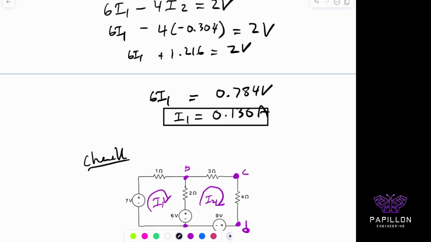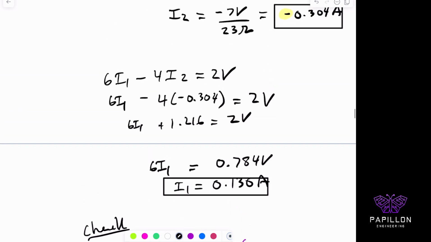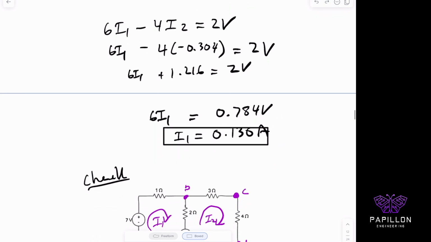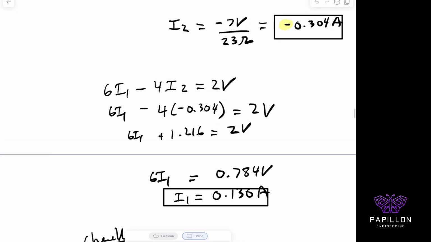Now for a check, we'll substitute back in our values of I1 and I2. I went ahead and did that for you to save a little bit of time. So to substitute those values of I1, let's copy this and put it a little bit closer so you can see. Here we had a value of I1 of 0.1306666. It keeps repeating after that, so I didn't include that, but kindly do that with your own calculator.